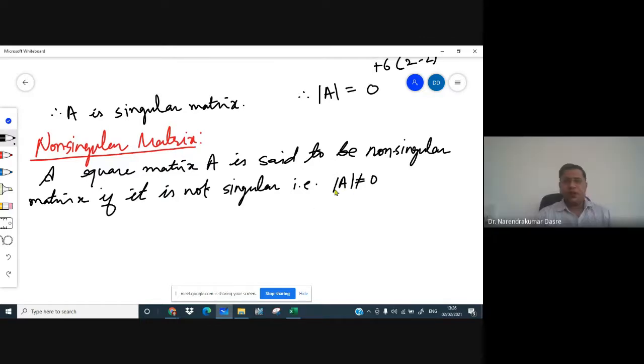If the determinant of A is not equal to 0, then surely it will be a non-singular matrix.